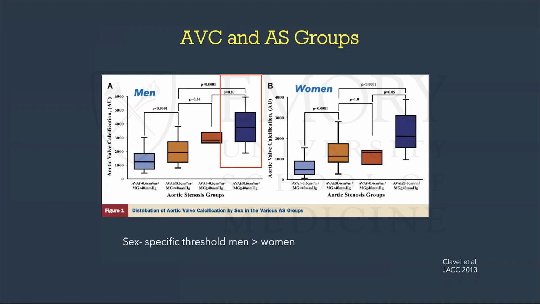These thresholds are different between men and women. Partly, we see here how the degree of calcification tends to be higher in men overall, and those who have a calcification score of 2,000 and above could have severe AS.